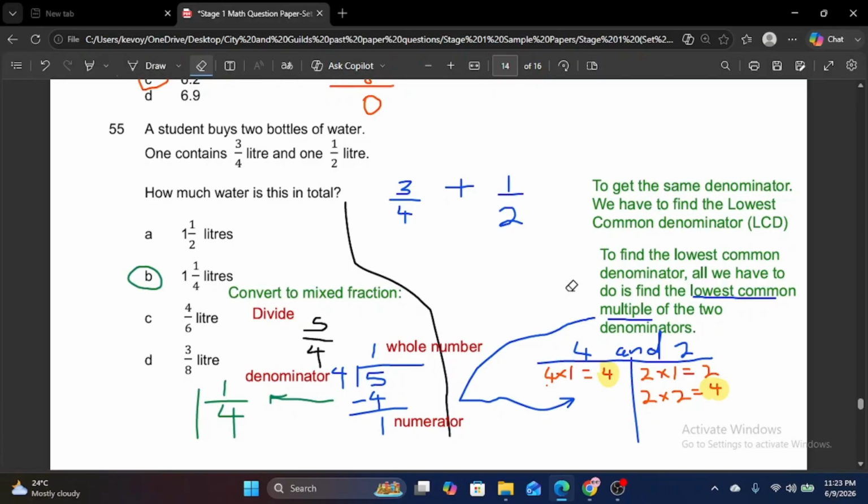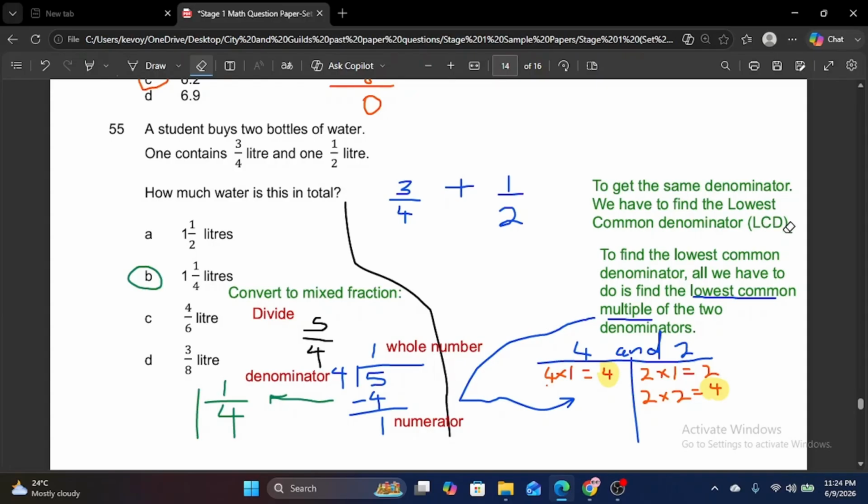These two fractions do not have the same denominators. So do not add the fractions until we change them so they have the same denominators. If you look at the writing I did over there in green, it tells you what to do in order to change the two fractions into fractions with the same denominators. To have fractions with the same denominators, we have to find the lowest common denominator.